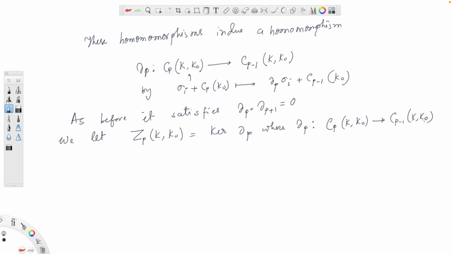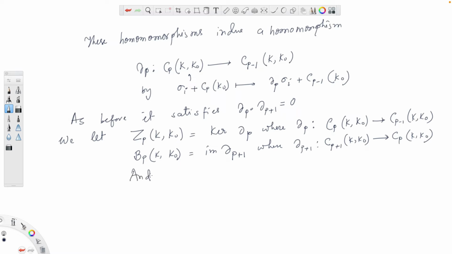That's Zp of K comma K0. Now Bp of K comma K0 is the image of del p plus 1, where del p plus 1 is the boundary operator that takes Cp plus 1 of K comma K0 to Cp of K comma K0.